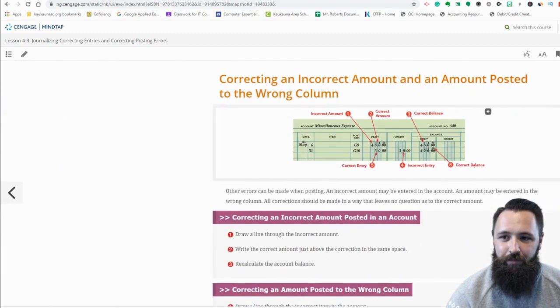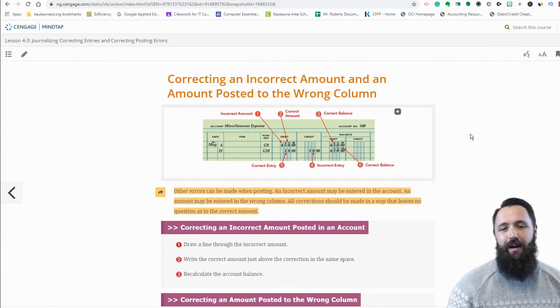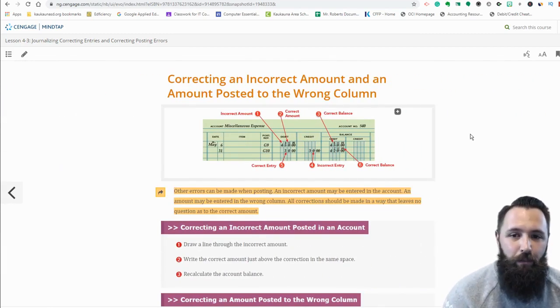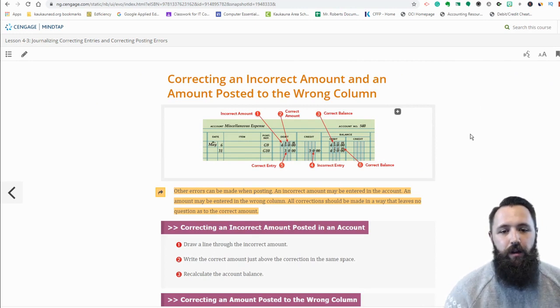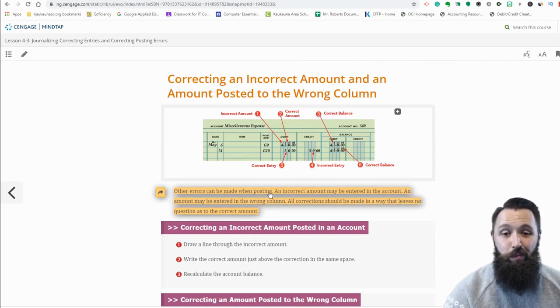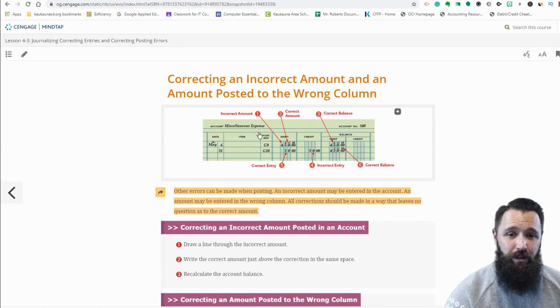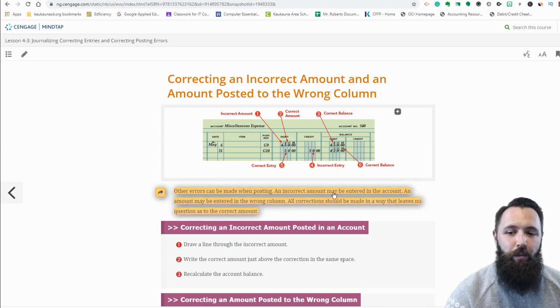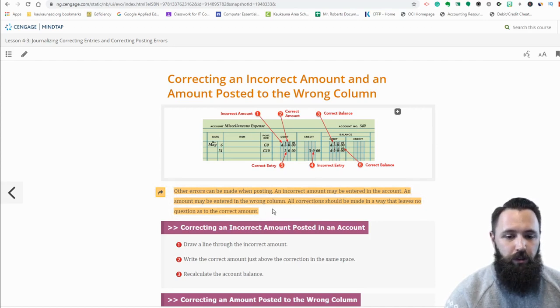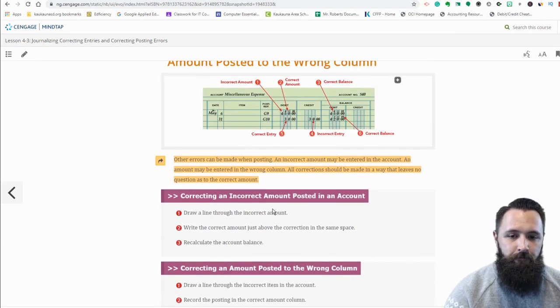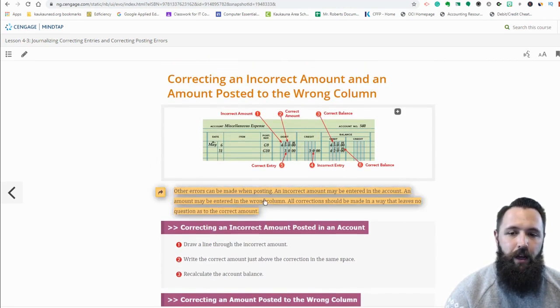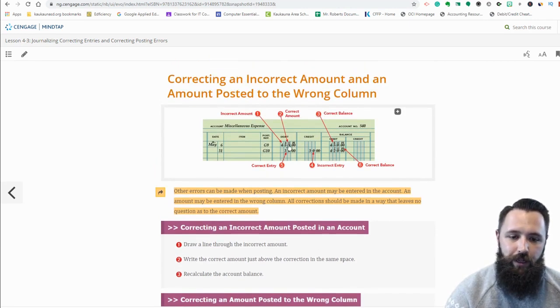This is kind of an exception, not the norm. So there we go. We look here, it says correcting an incorrect amount and an amount posted to the wrong column. So other errors here can be made when posting. And you can see this is in miscellaneous expense. An incorrect amount may be entered in the account. An amount may be entered in the wrong column. All corrections should be made in a way that leaves no questions to the correct amount. So if it's an incorrect amount, you can see that's here with these couple steps.